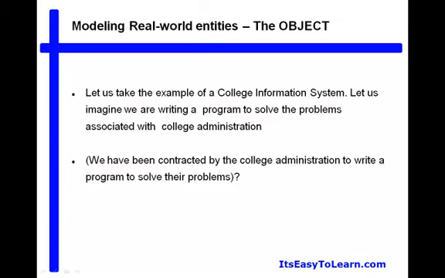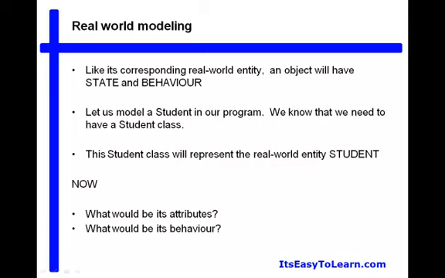Now, can you go and control the students in the college? Can you go and control the staff members, the teachers, the different libraries, the infrastructure in the college? No, it's very hard, right?